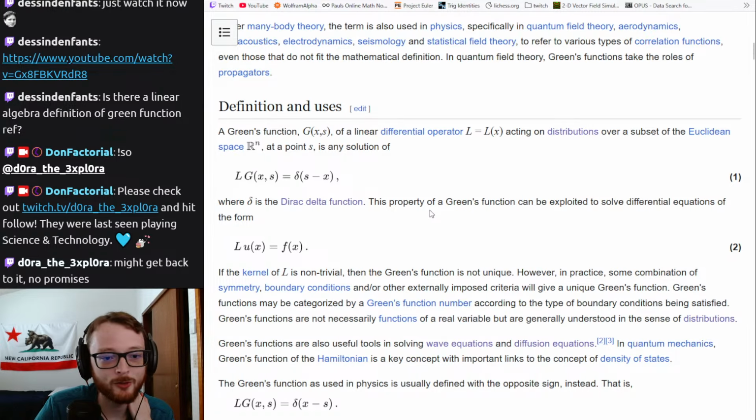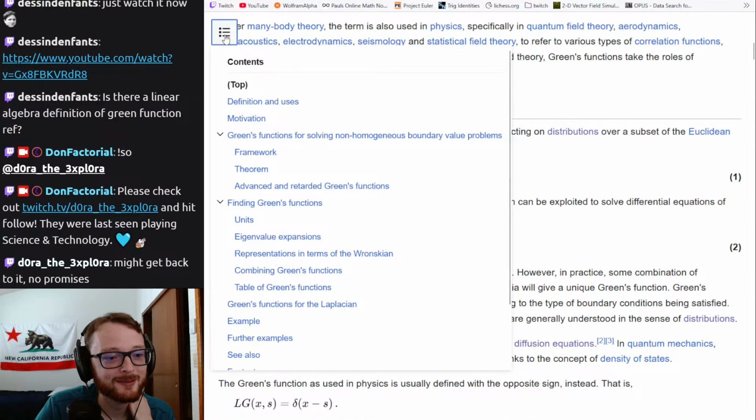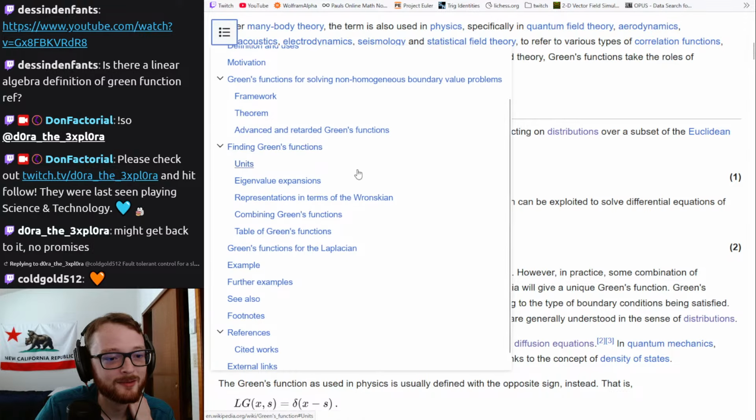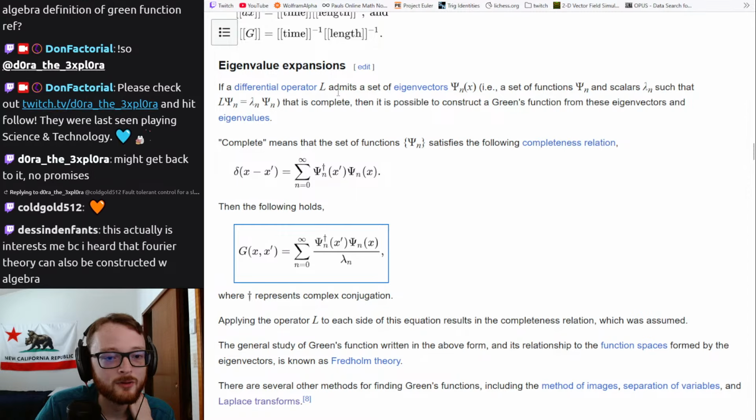Yeah, no pressure, Dora. Eigenvalue expansions.